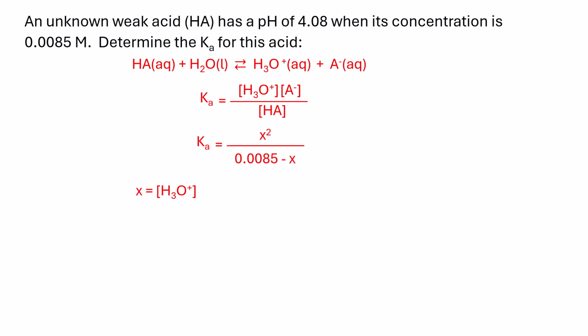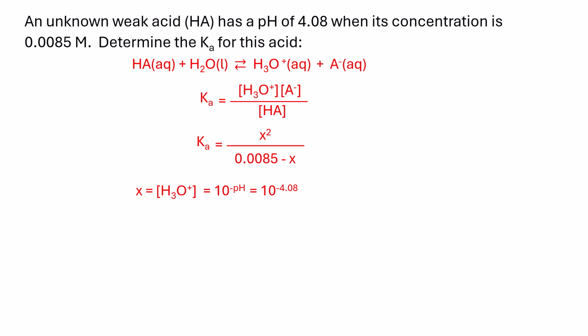So the thing we have to understand is, just like the last problem, X is equal to the concentration of hydronium, right? And so there's a way to find X using pH because we know that hydronium concentration is equal to 10 to the negative pH, and we were given the pH of 4.08 in this problem.